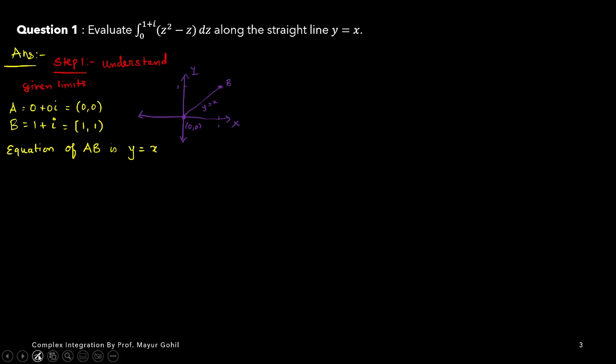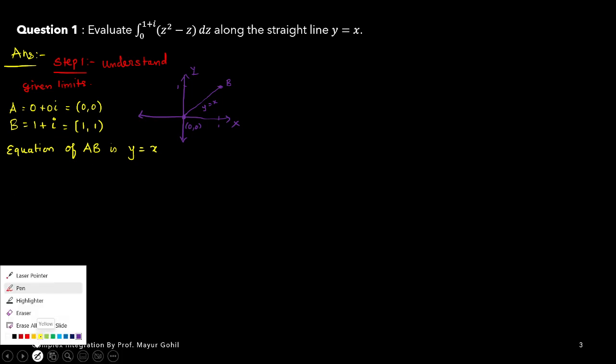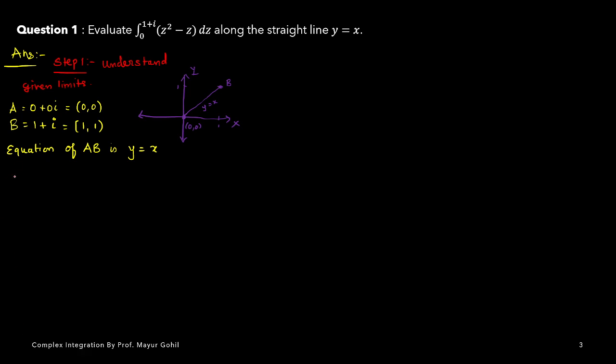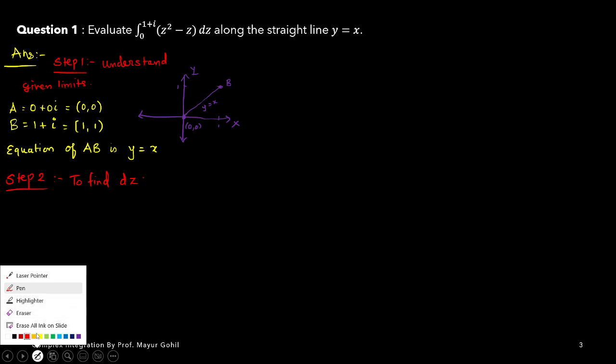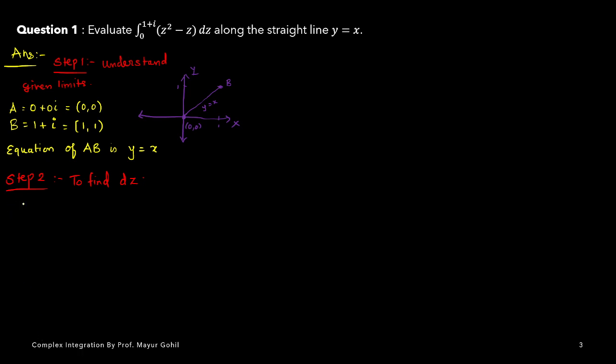Now step number 2 is to find dz. So let us see how to go about it. Let z equal to x plus iy.